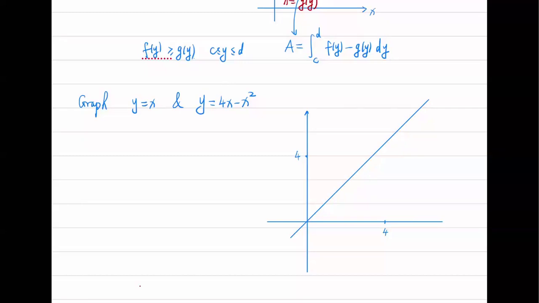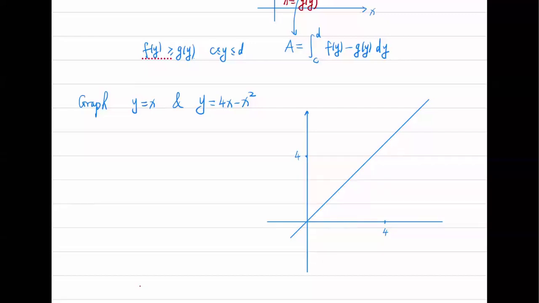And Sophia, what's the graph of the second function? There's an x-intercept at x is 0 and x is 4. Okay, so it's a flipped parabola. You can find the vertex if you write it in vertex form.